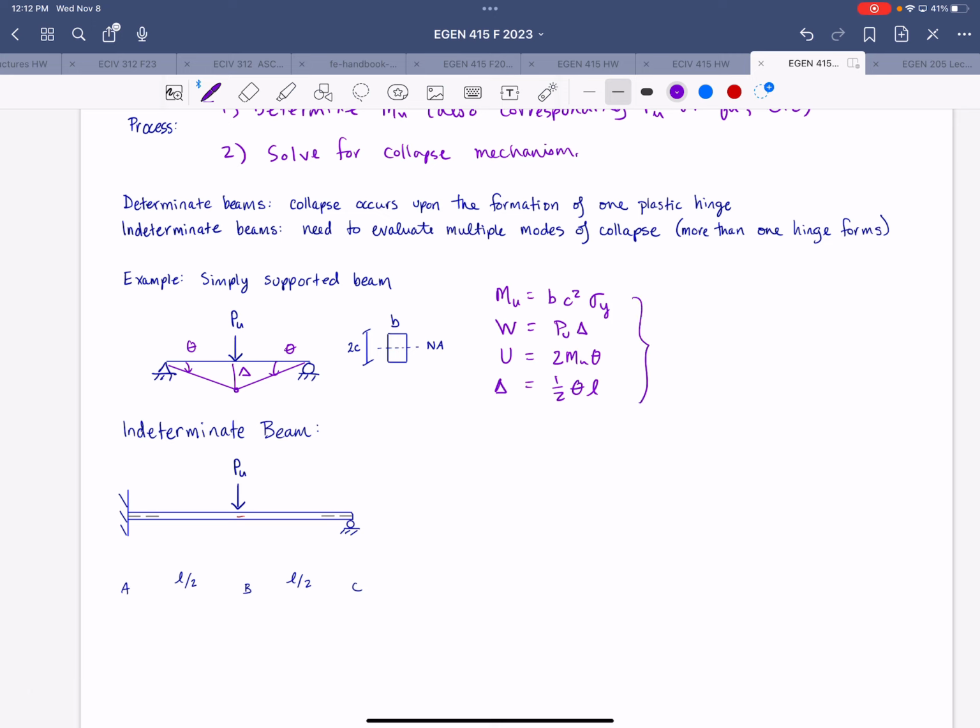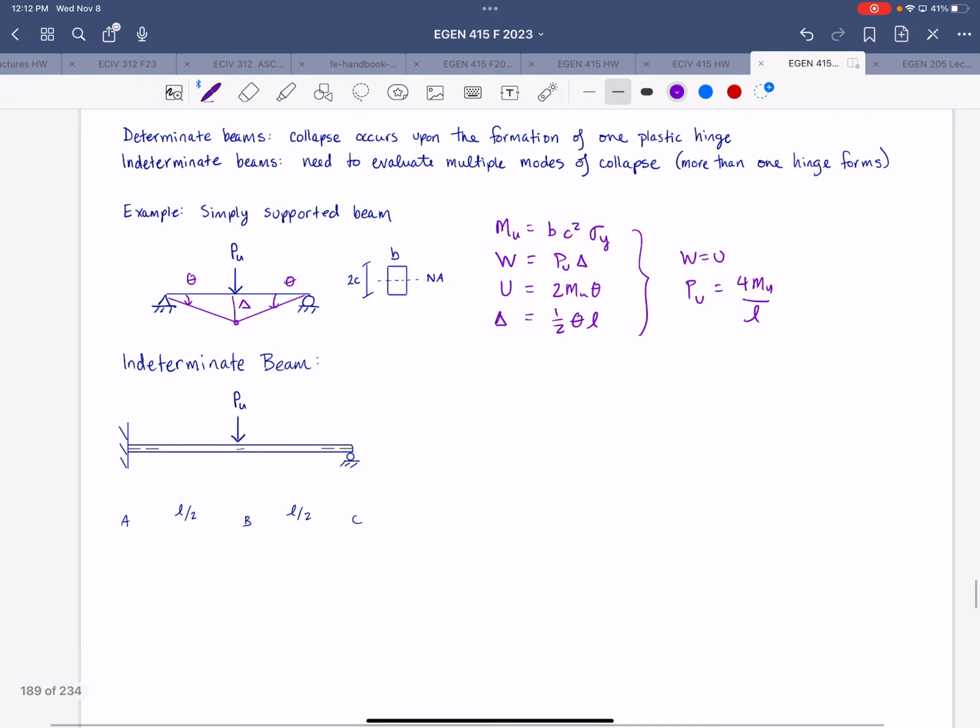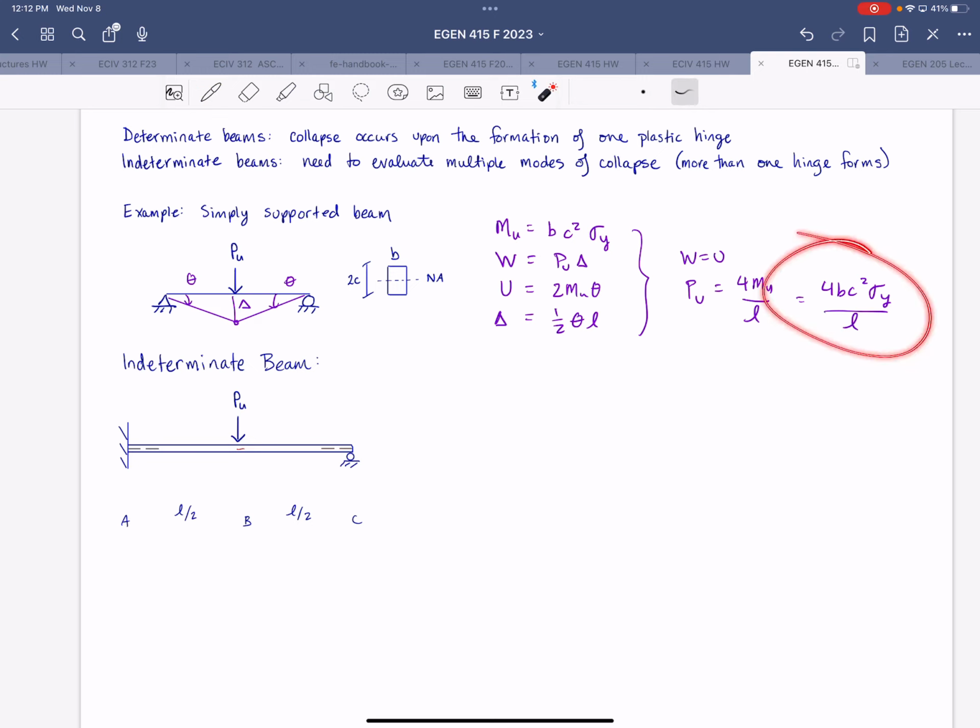From that, we got Pu equal to 4 mu over L, or 4 BC squared times the yield stress over L. Again, this solution is specific to a simply supported beam with a point load at the center and a rectangular cross-section.